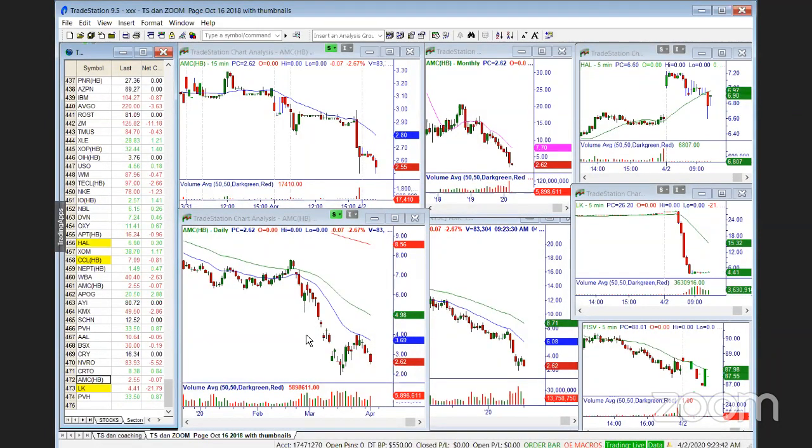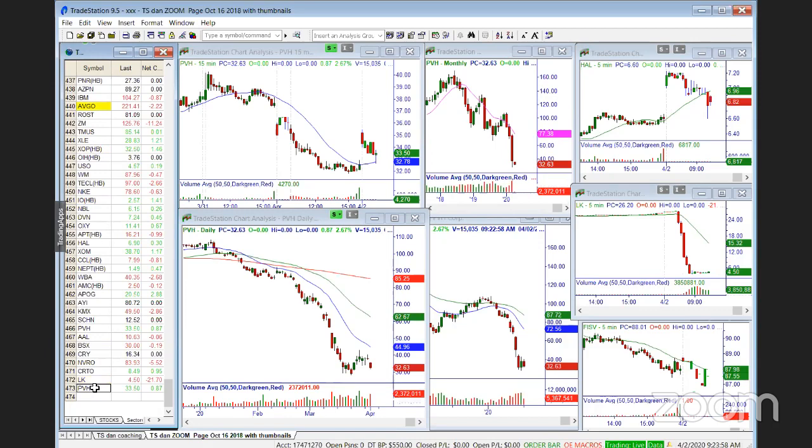AMC in the paper, movie theaters, they're all closed. They said they hired a bankruptcy specialist. That's coming. No pattern though for us. Oh, PVH. So 33.50, no pattern at all.